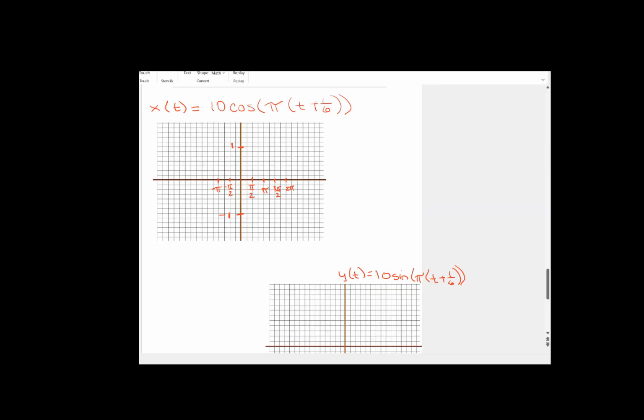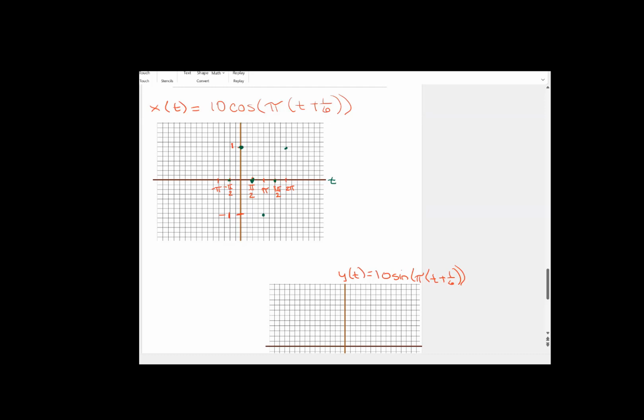All right. And my cosine graph starts at 1 when t equals 0, x of t equals 1. When t equals pi over 2, x of t equals 0. Pi, -1, 3 pi over 2, 0, 2 pi, 1.